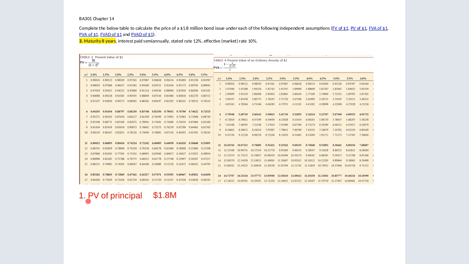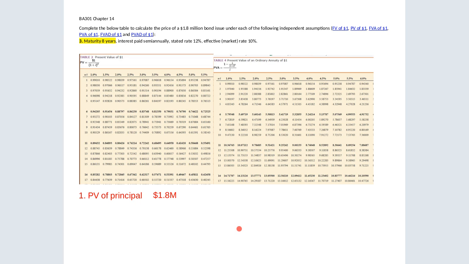Now, I is equal to what? The bonds pay interest semi-annually, so in terms of our interest rate, we are looking at 5%.